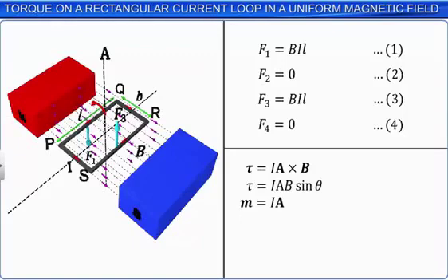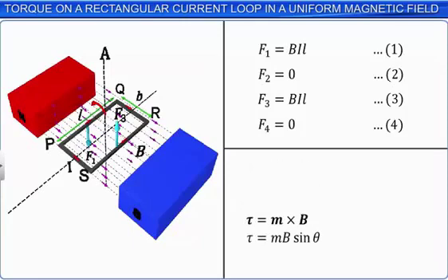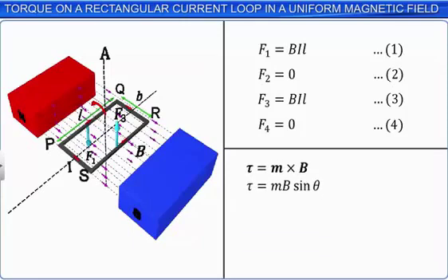Hence, torque on the current-carrying rectangular loop is given by the expression τ is equal to M cross B, and hence, the magnitude of the torque on the loop is given by MB sin theta. In this case, the angle between the magnetic moment and the magnetic induction is 90 degrees. As sin 90 is equal to 1, the torque on the loop is the maximum.